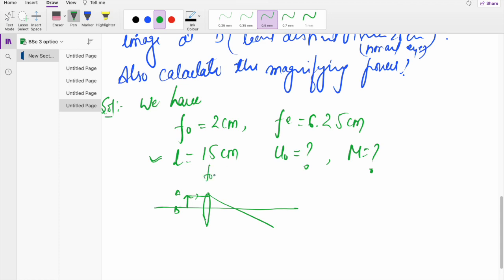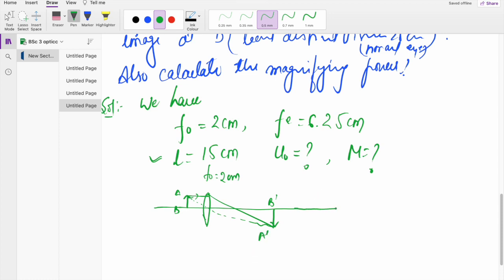It is given that FO for this objective lens is 2 centimeter, the focal length of this lens. If we draw a ray through the center, it will intersect somewhere here. Say the image formed here is B dash A dash.